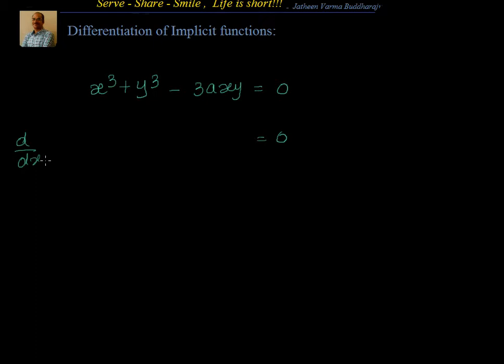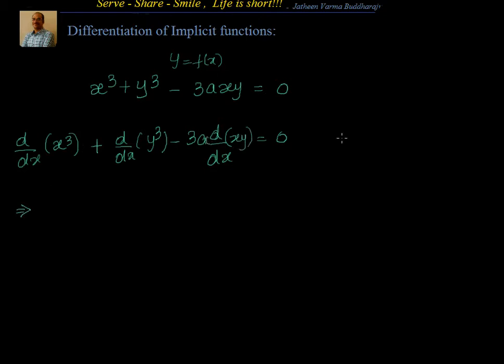Because we know y is a function of x, we treat it as a function of x. So this will be d by dx of x cube plus d by dx of y cube minus 3a into d by dx of xy.